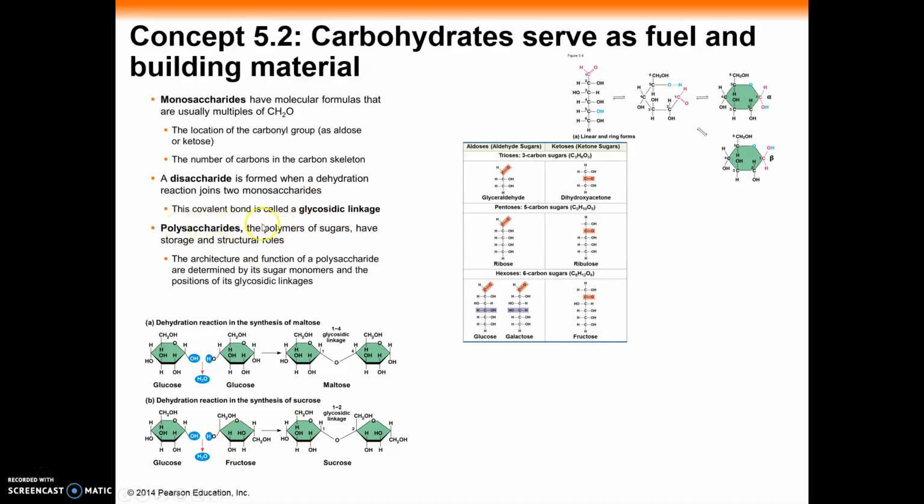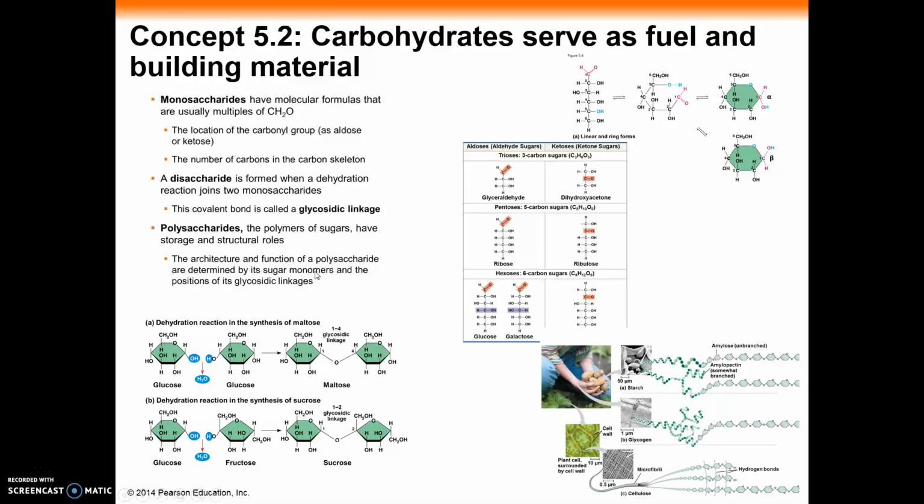Polysaccharides are much longer chains, and they can have very large either storage or structural significance. Here we have starch from potatoes. Here we have glycogen from our cells. Very similar structures and built largely the same way, with alpha glucose linked together in a 1-to-4 linkage.